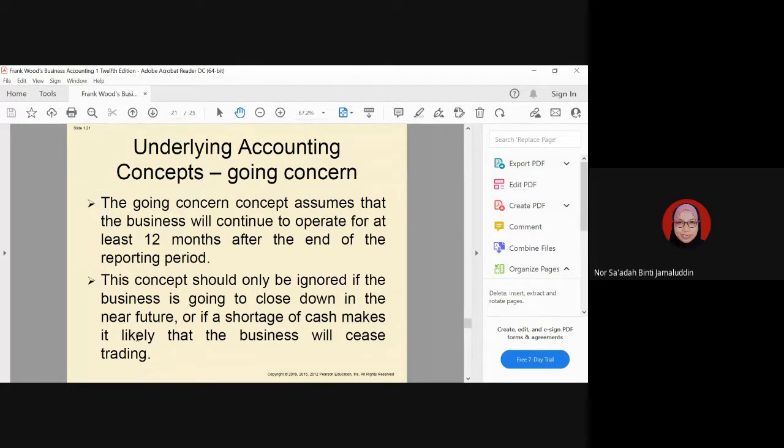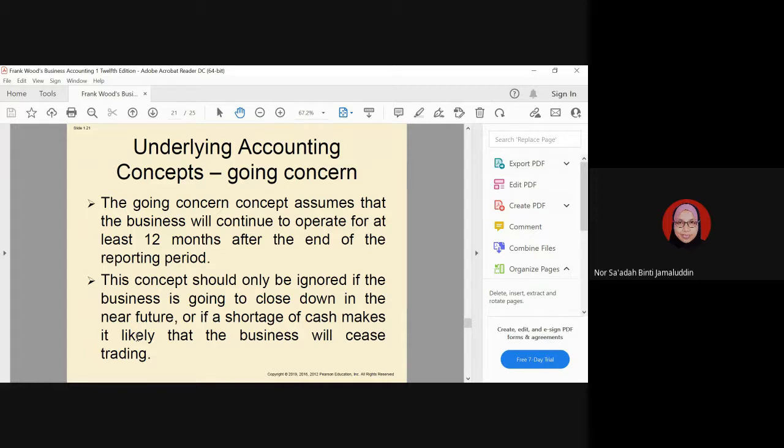Kita boleh tengok daripada financial statement tadi. Tapi dalam konteks management accounting, dia buat reports sama ada company kita can survive or not. So kalau sekurang-kurangnya 12 bulan tak boleh survive, kita tak perlu practice this accounting concept.